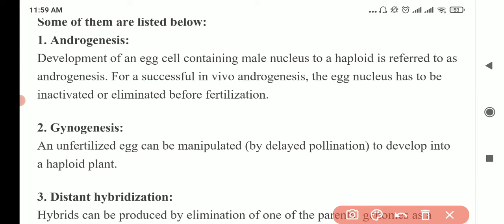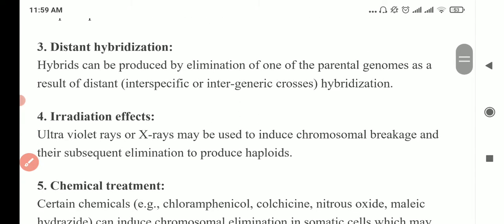That's why it is egg cell development that has a male nucleus. So now the next one, gynogenesis. Simply you don't fertilize the egg, but you just manipulate it so that it will develop into a haploid plant. So you just culture it. Then distant hybridization, you will just eliminate one of the parental genomes as a result of distant hybridization.